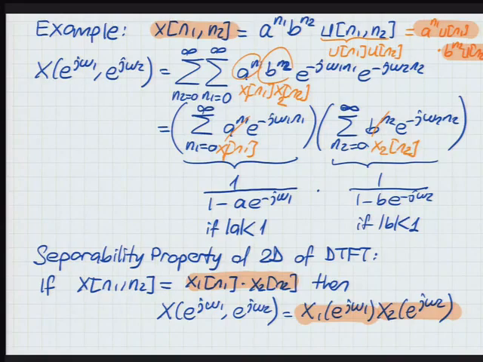Okay, so separability makes life easier if you're dealing with multidimensional Fourier transforms. Again, there's no reason to even restrict it to 2D. It could be 3D. If I have a function of three variables, and I can write this as a product of three functions of independent variables, then the same thing is true in 3D as well.